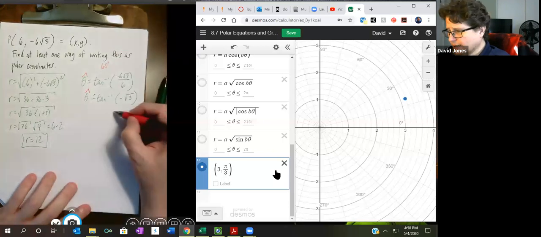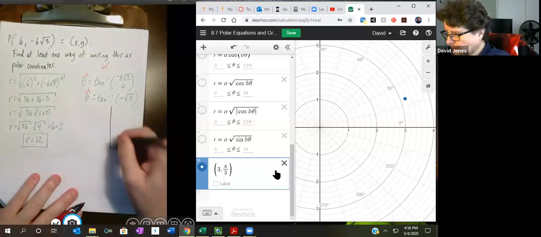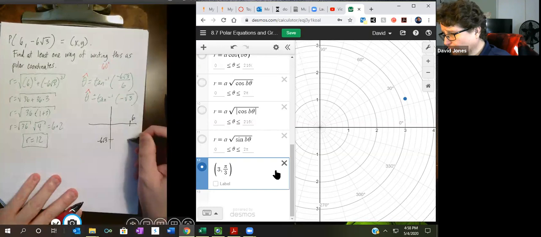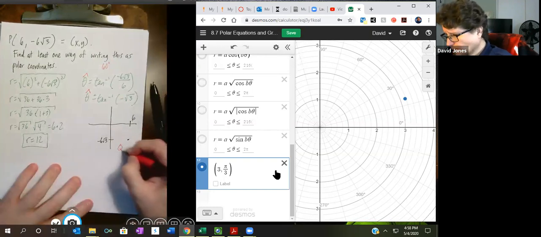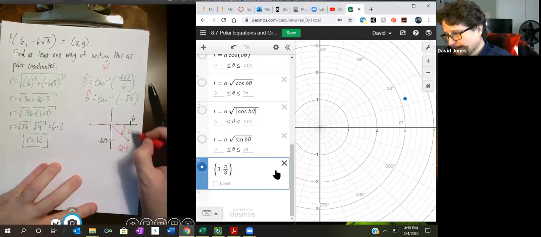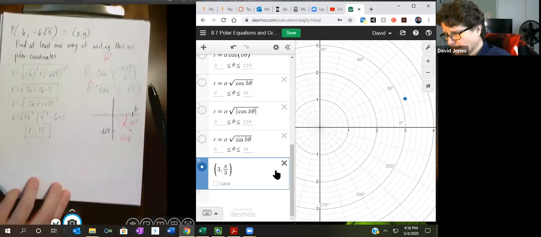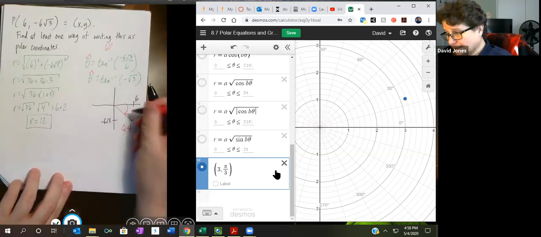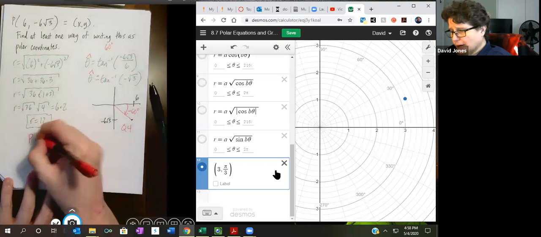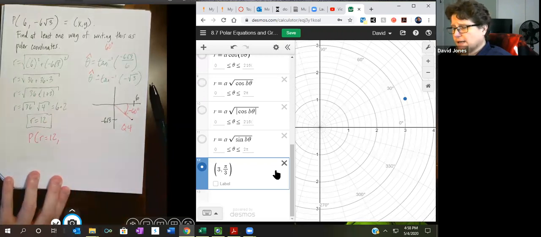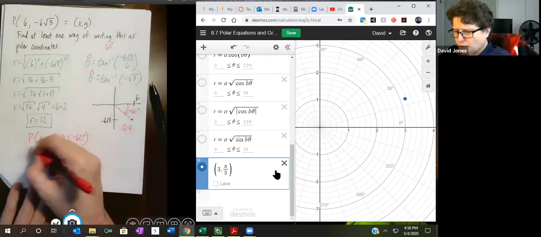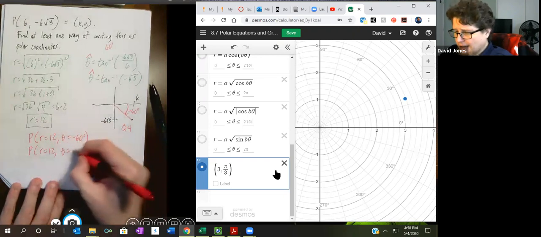We just got to figure out where this is. 6, negative 6 root 3 should be quadrant 4, which means this angle here is 60 degrees, or really actually negative 60 degrees. I can jump straight to it right there, right? I can write P as R equals 12, theta equals negative 60. Or if I wanted to go the other way around the circle, R equals 12, theta equals 300.